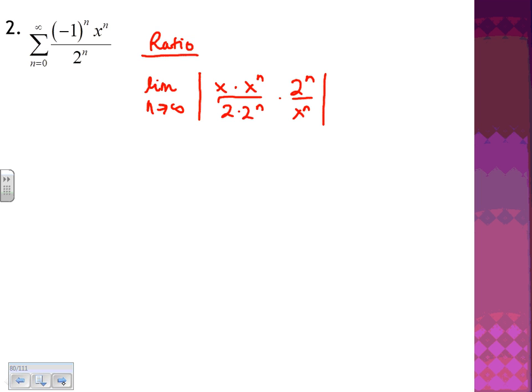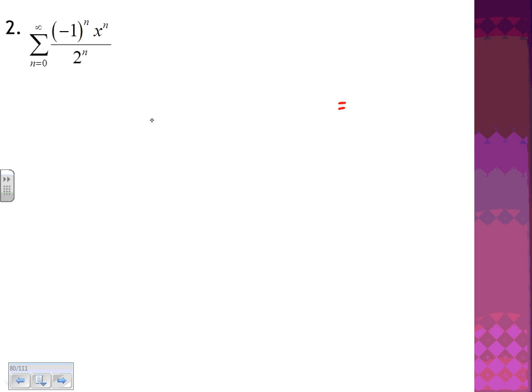When it's n plus 1, I'm just going to go ahead and pull it out. Now, as I go to infinity, x goes to infinity, so this is infinity, right? No. Alright, well that was equal to this.